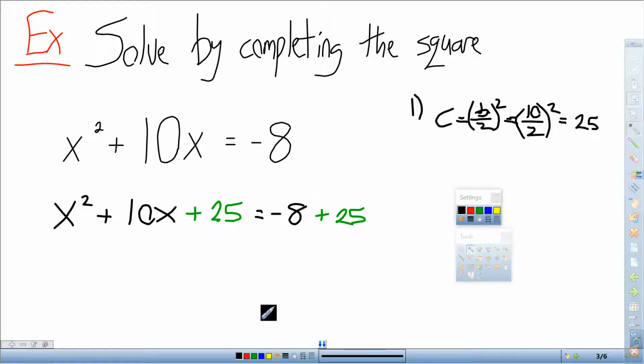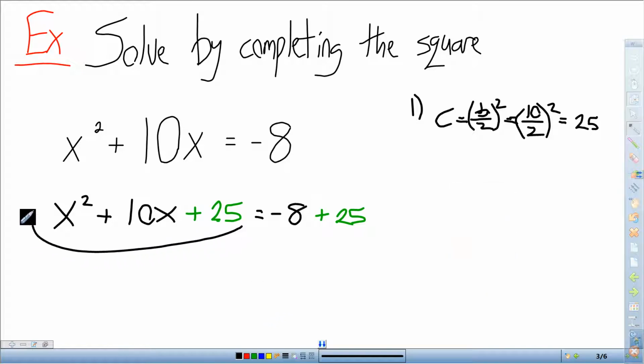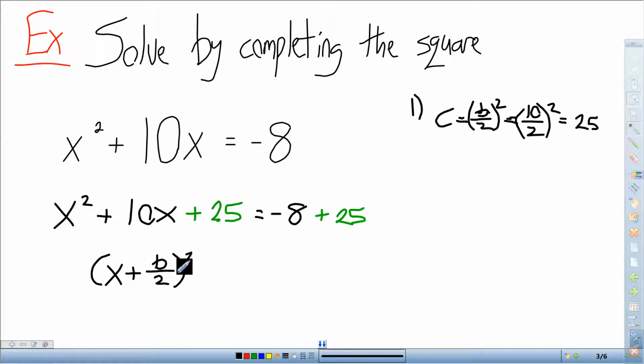So why did we do this? Because we just created a perfect square trinomial, and that can be written as a square of a binomial. All we have to do is take x plus our b value divided by 2, and we're going to have the factored form of this trinomial. We'll plug that in on our next step.